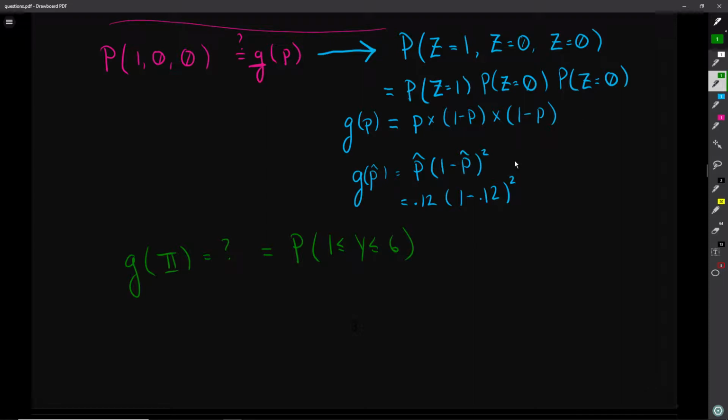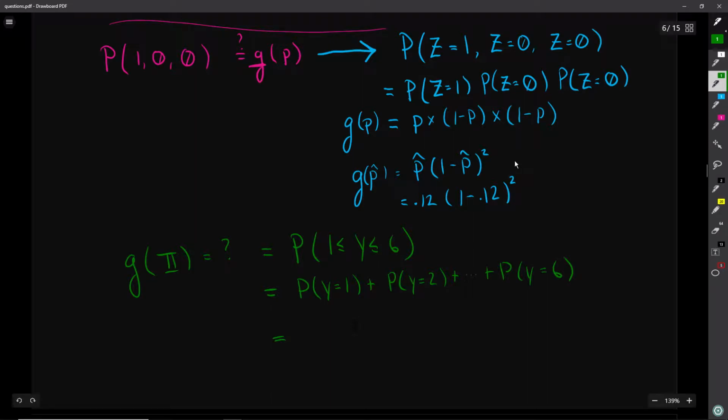This is equal to the probability that y equals 1 plus the probability that y equals 2, and so on, up to the probability that y equals 6, because y is a discrete variable. It takes on integer values between 0 and 12, and each of these are mutually exclusive events, so we can just sum up these probabilities.